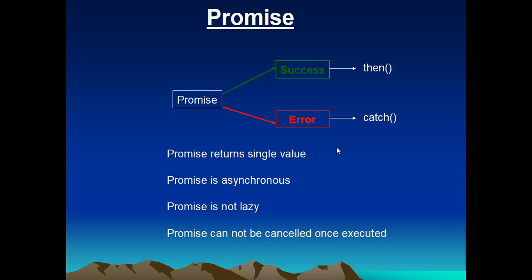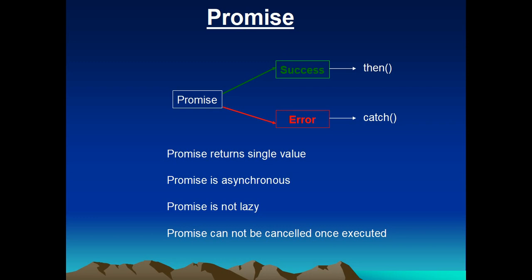Promise is an AngularJS component which provides two scenarios. First is success and another one is error. So promise returns either a success or an error. In case of success, you need to override its then method, and the then method returns you all the possible values.